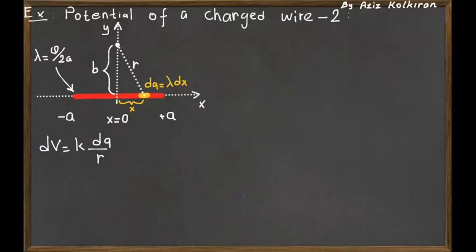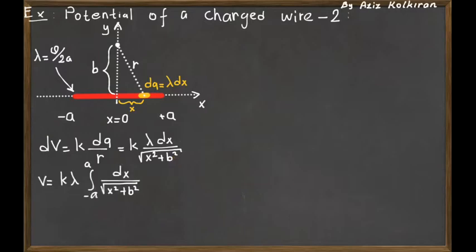So we express the infinitesimal potential created by the infinitesimal charge dq at this point as k times dq divided by r, and if we write all the terms explicitly in terms of the variable x, we get k lambda dx divided by the square root of x squared plus b squared. Next, we integrate to find the total potential from x equals minus a to plus a.